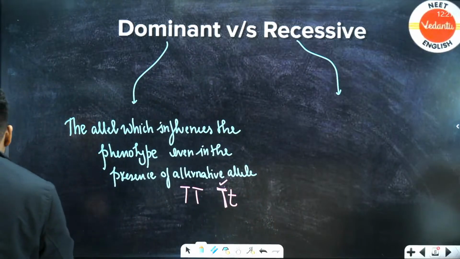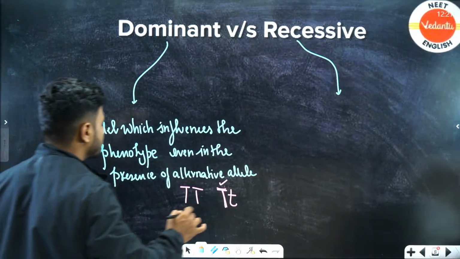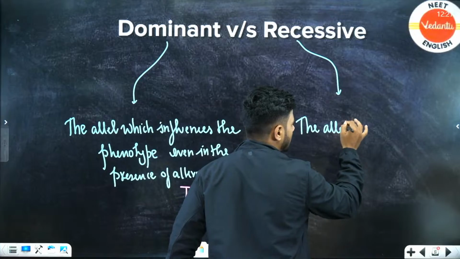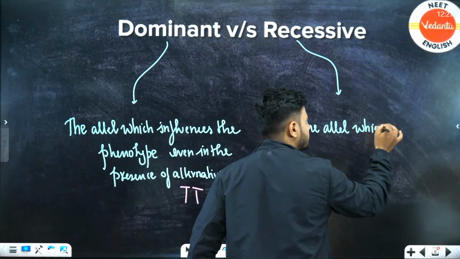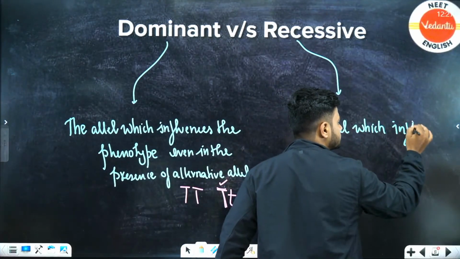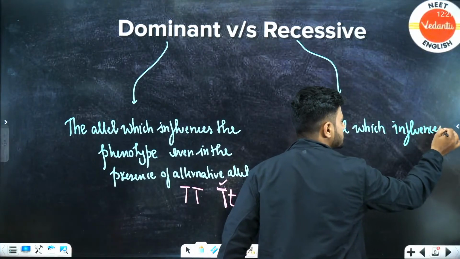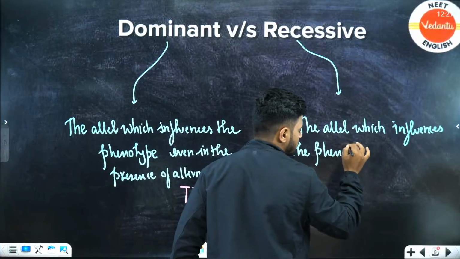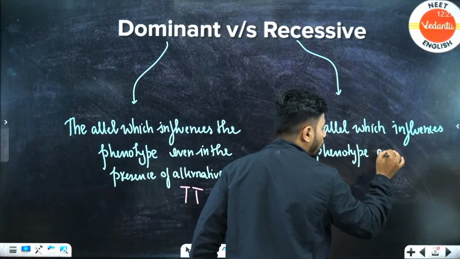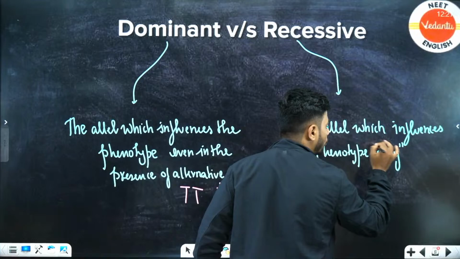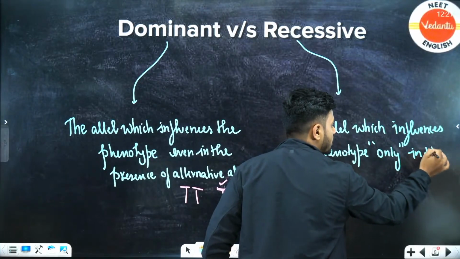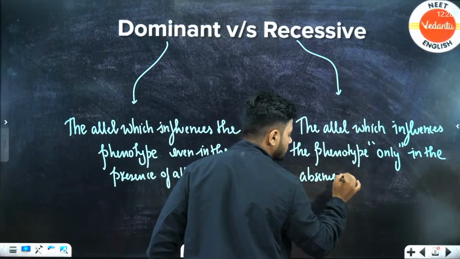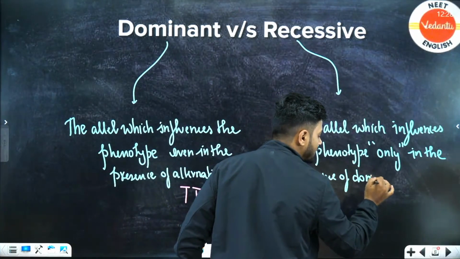A recessive allele is an allele which influences the phenotype only in the absence of the dominant allele.